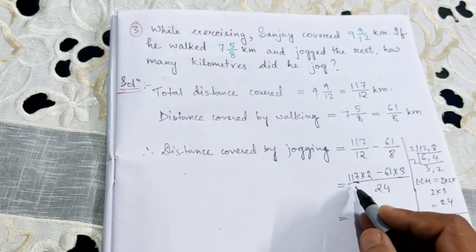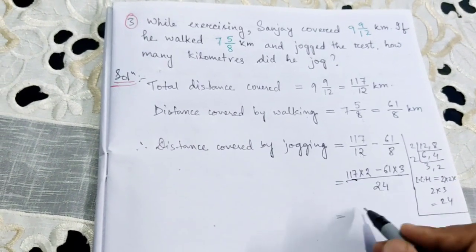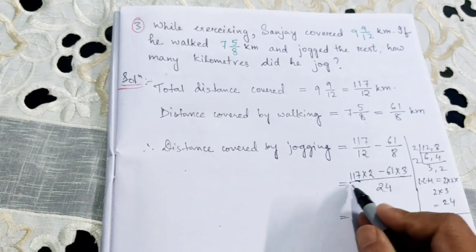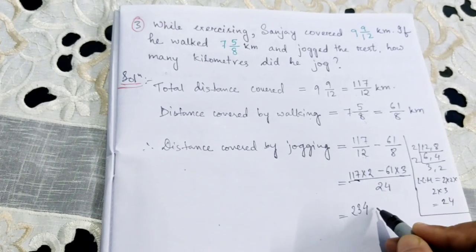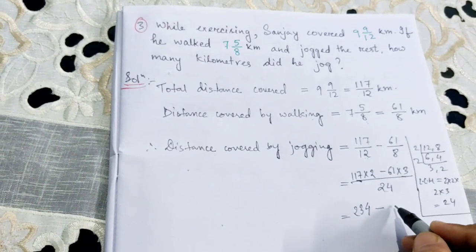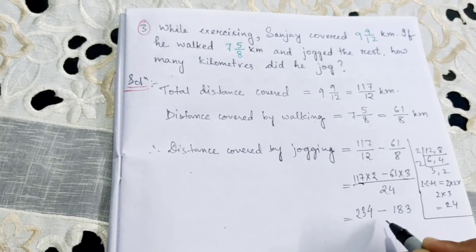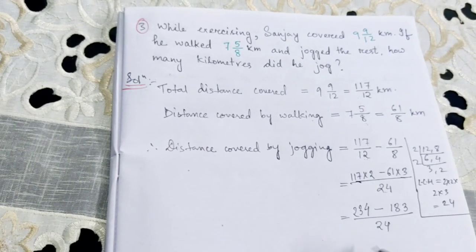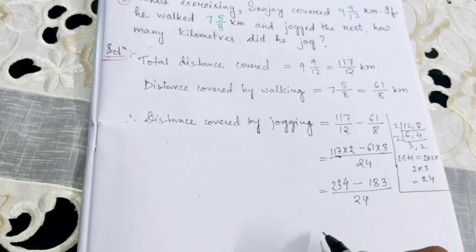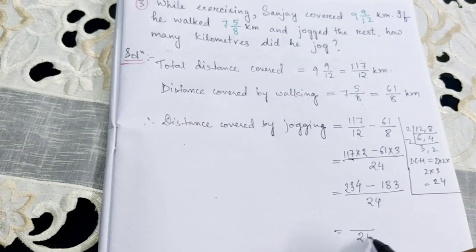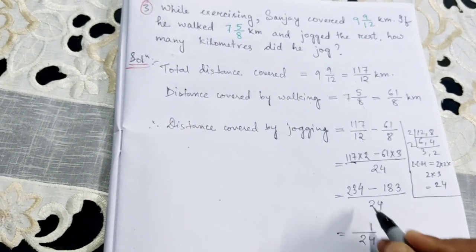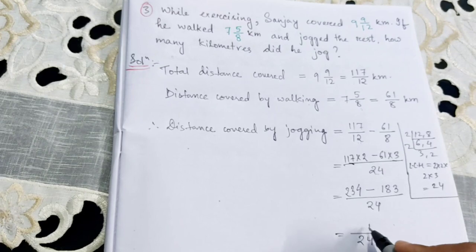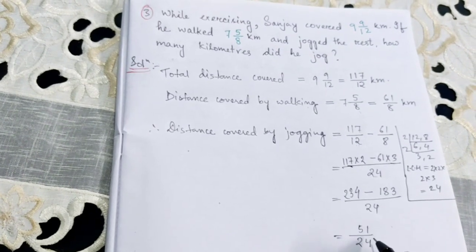Now you multiply 117 into 2, which is 234, minus 183 by 24. Now you will do subtraction. 4 minus 3, 1; 13 minus 8, 5; so 51 by 24.